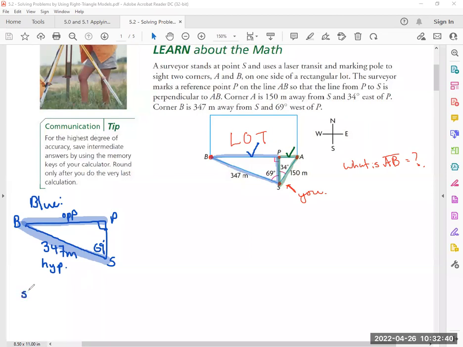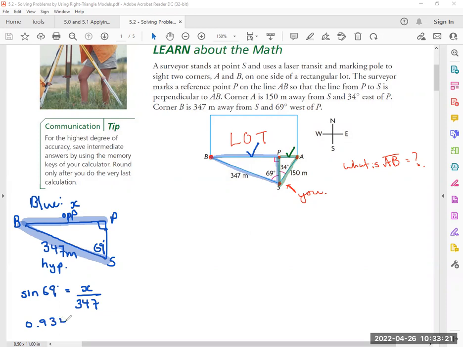Opposite over hypotenuse. Sine of 69 degrees is equal to opposite over hypotenuse. I don't want to write OPP, so let's just call it X. I'd rather not have sine there if possible, so I will calculate sine 69, 0.9335.